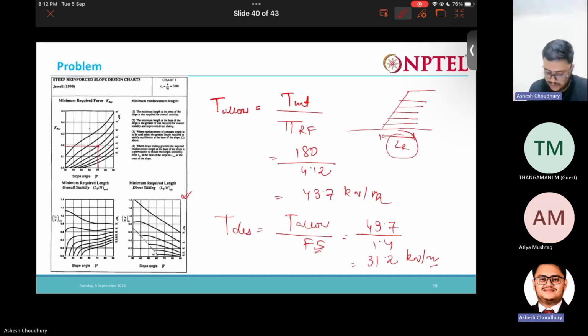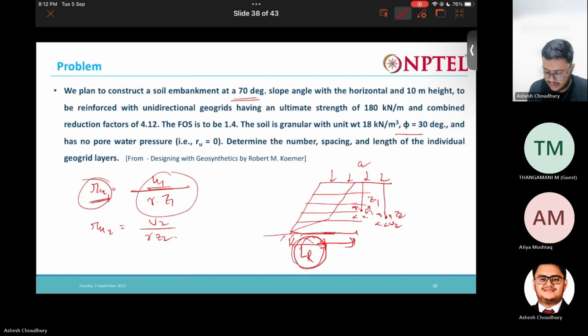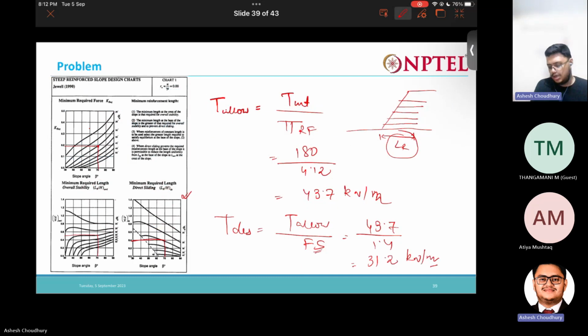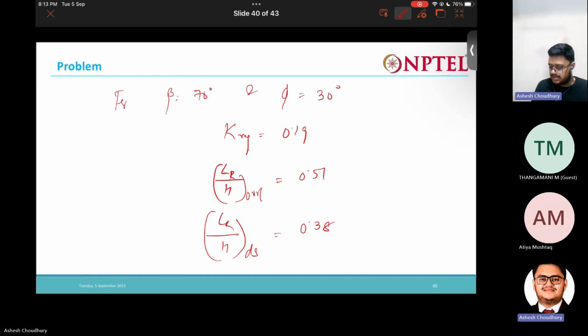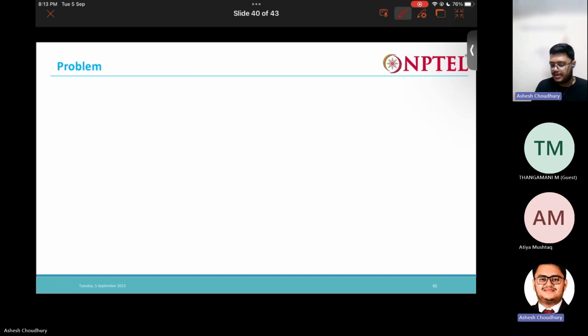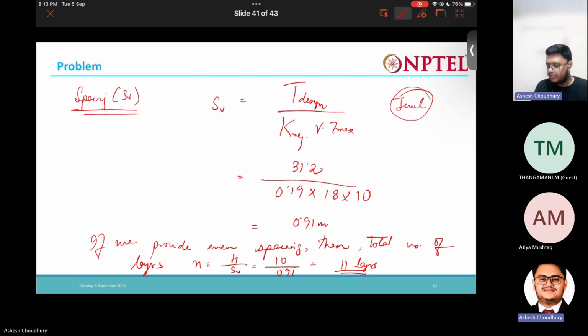Let's see how we solved this problem. We used Jewell's method and Jewell's chart, and determined all these factors. First we determined the spacing using K required from Jewell's chart. Then we decided to provide equal spacing, and from the spacing we determined the number of layers.